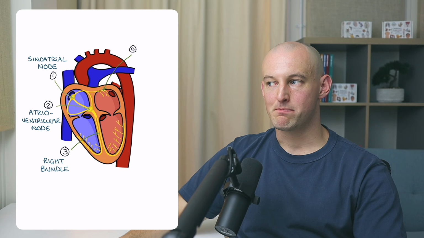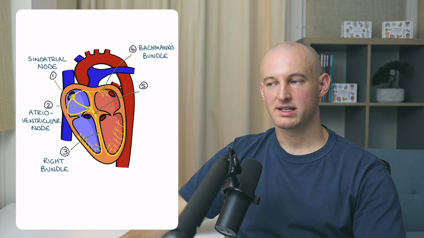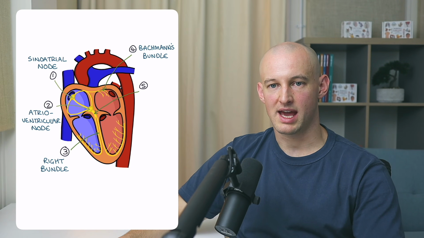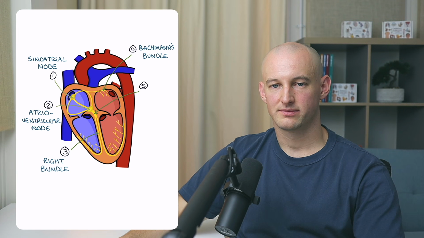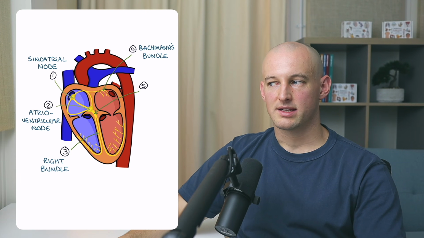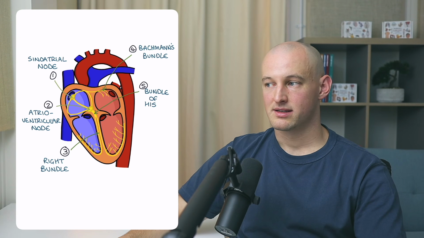This is called Bachmann's bundle. Question 5. What is the name of this section in the septum of the heart that branches off the atrioventricular node? This is the bundle of His.